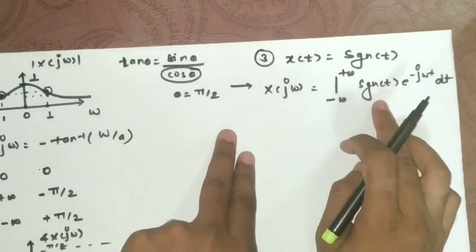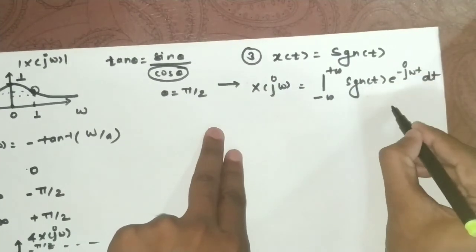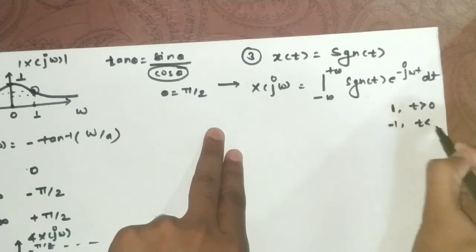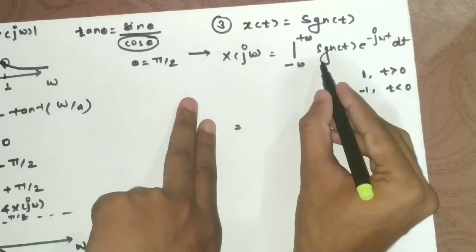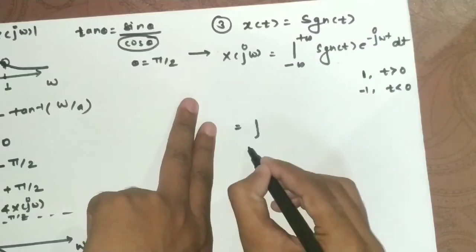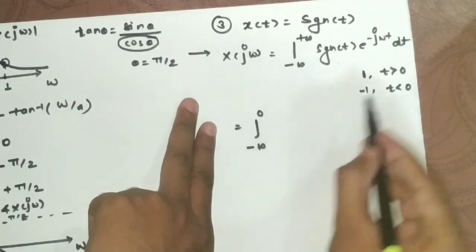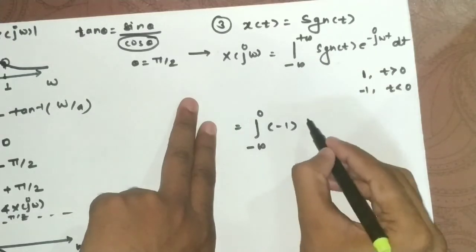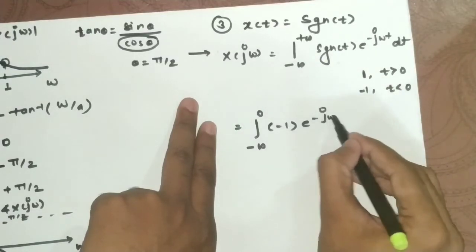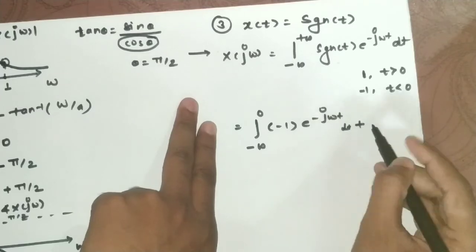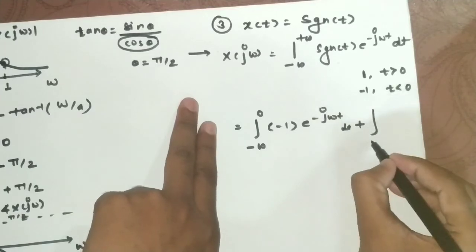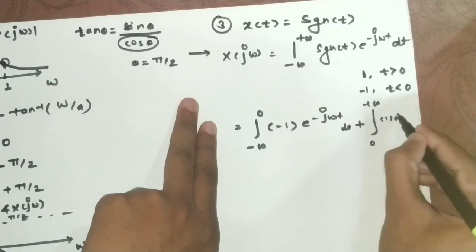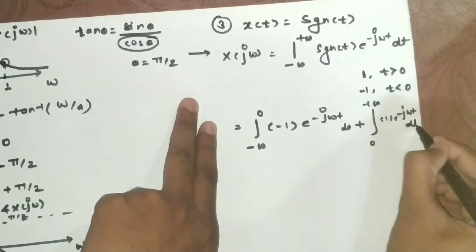Now we know the property of the signum function. It has an amplitude 1 for t greater than 0 and minus 1 for t less than 0. So if I split this integration, first from minus infinity to 0, that is for all negative values of t, the signum function value will be minus 1, this exponential as it is, plus when I put it from 0 to plus infinity, for all positive values the amplitude is 1, so 1 into e raised to minus j omega t dt.